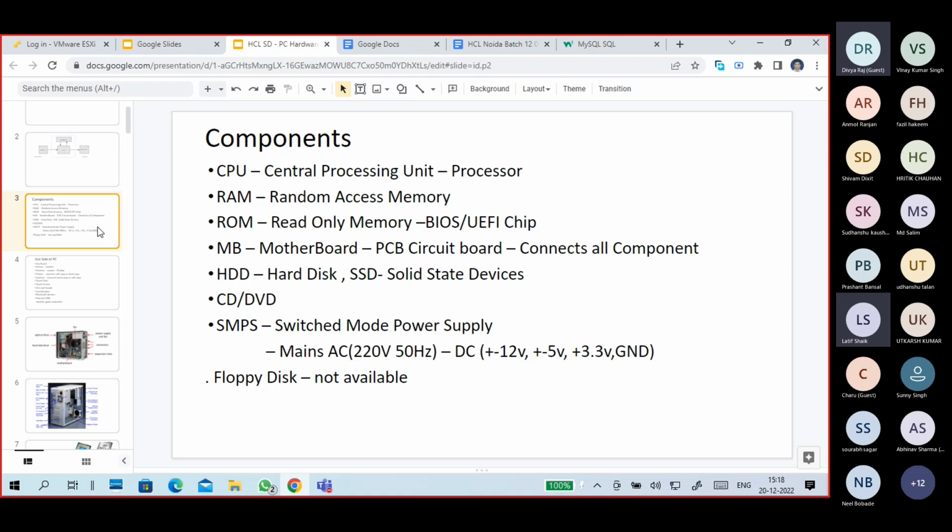Okay. Hard disk, CD-ROM, solid state drives for storing purposes, and of course SMPS for power supply, switch mode power supply. Floppy disks are not there nowadays, of course. The floppy disk option is removed from the system.